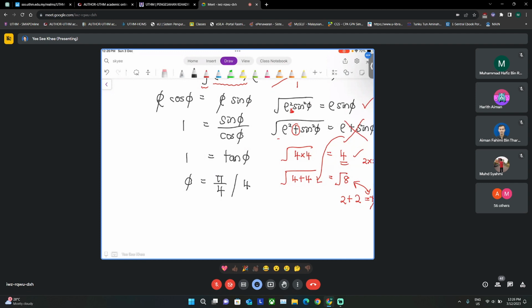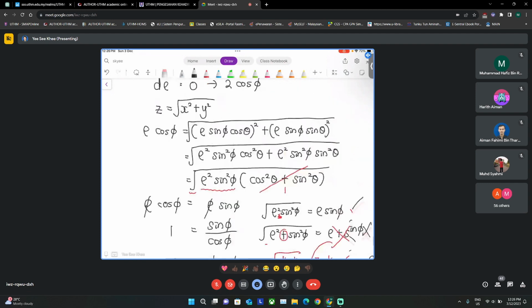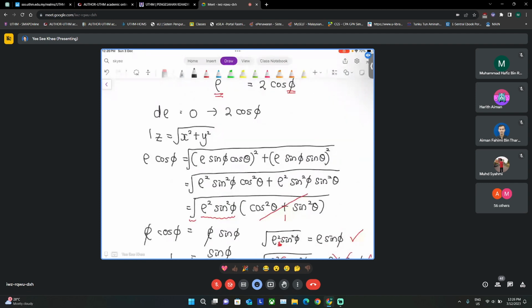So meaning that when you have a cone and the equation is this one, the phi is always pi over 4. Okay, so I repeat, when you have a cone and its equation is this one, the phi is always pi over 4, meaning that you don't need to repeat all these steps anymore.